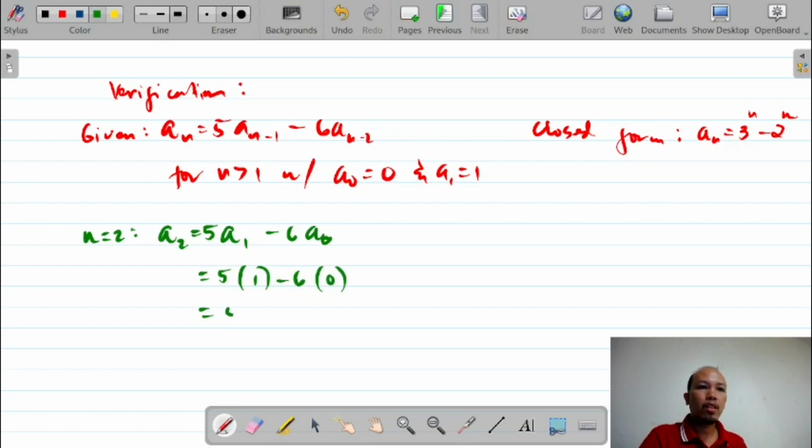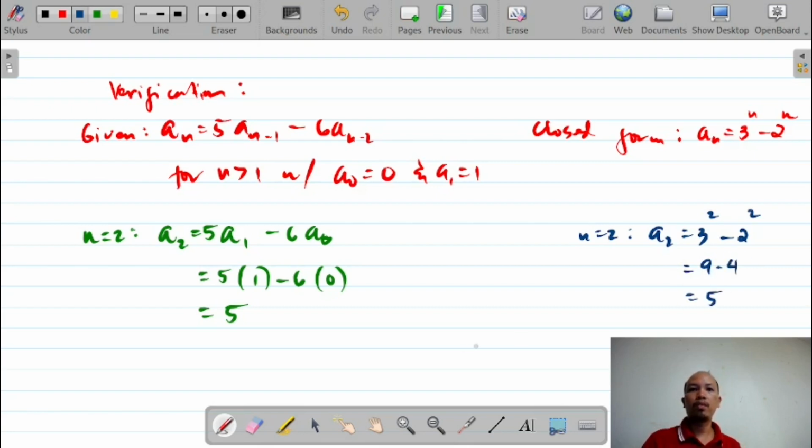So the answer is 5. How about for the closed form? We have n equal to 2, a sub 2 is equal to 3 squared minus 2 squared, which is 9 minus 4, and this is 5. Okay, they are equal. Let's try more.